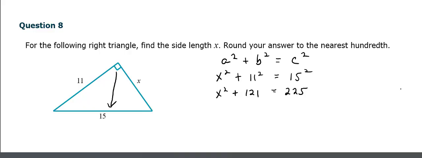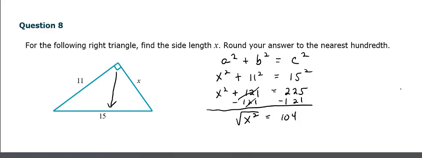And then remember, we're going to isolate our variable. So I'm going to subtract the 121 from both sides. And that would give me x squared equaling 104.